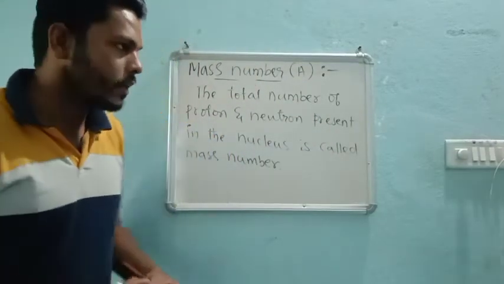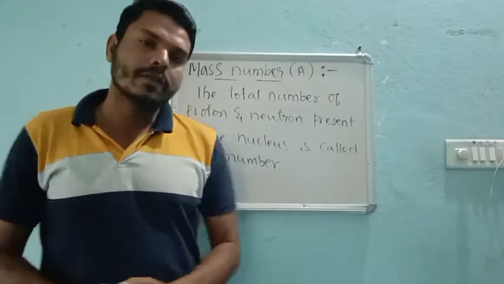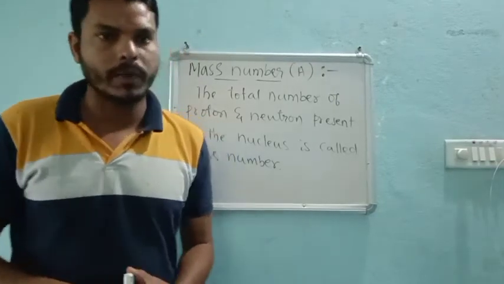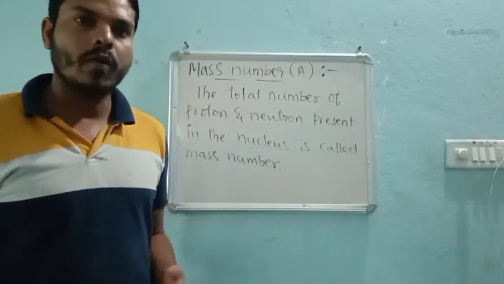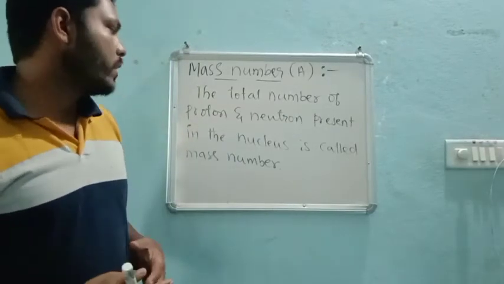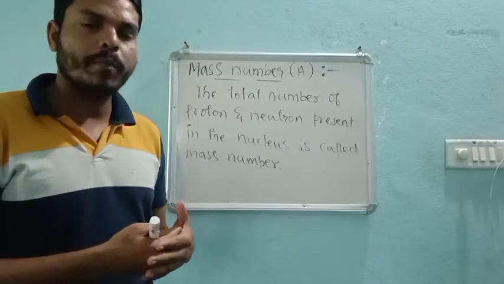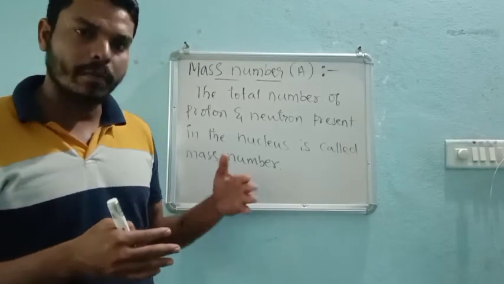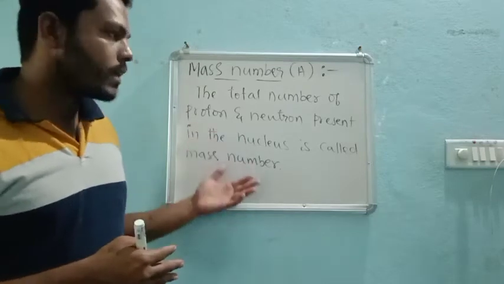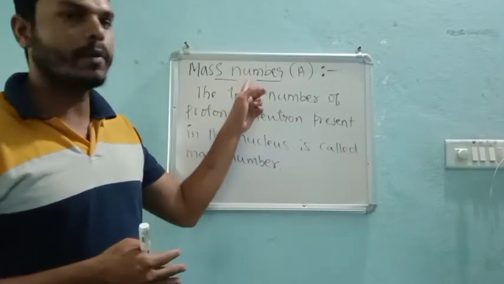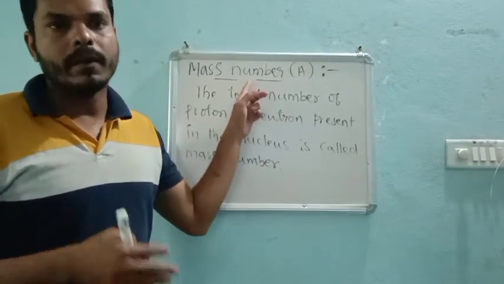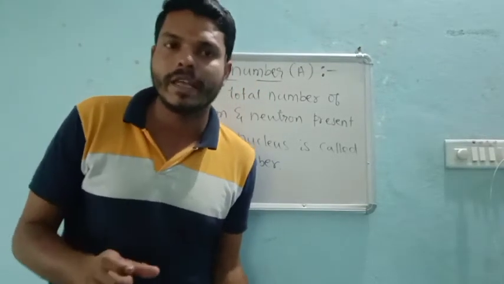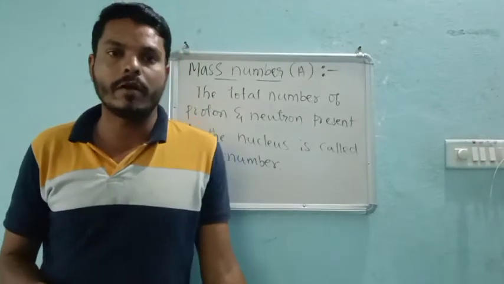In the case of atomic number, we just counted the number of protons present in the nucleus. Now if we count both the protons and the neutrons present in the nucleus, that will be the mass number. Here the question will arise: why are we not considering the number of electrons?